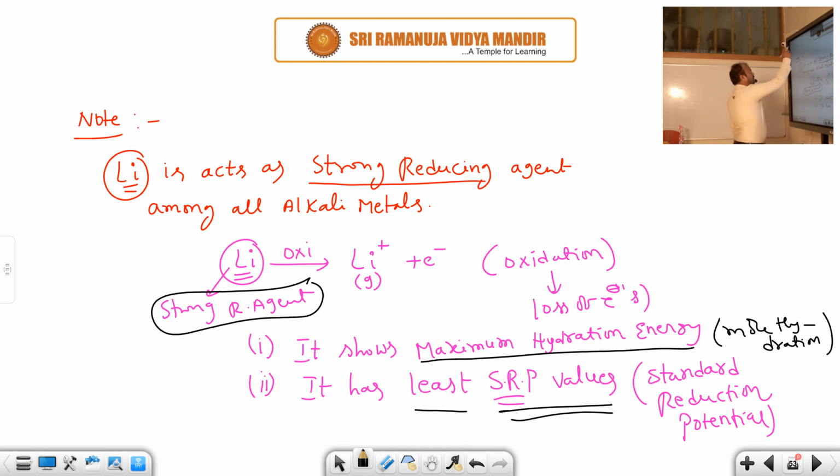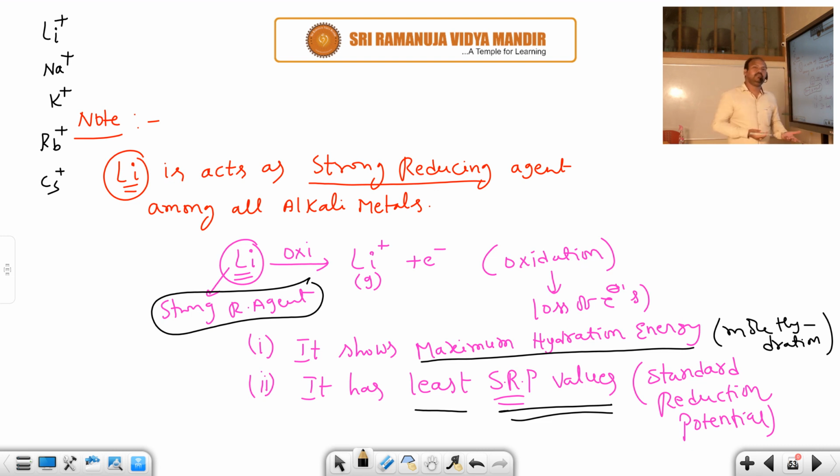You know very well, in the first group elements, if you take lithium, sodium, potassium, rubidium, cesium, all form cations by losing one electron. They undergo oxidation. Oxidation means loss of electrons. Why are they losing one electron only? To attain stability.